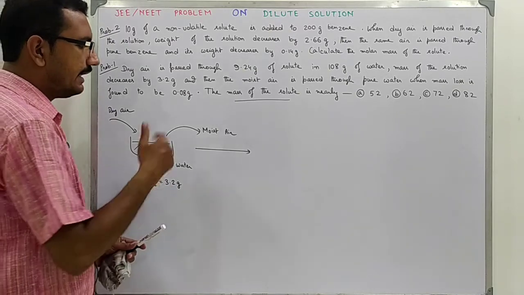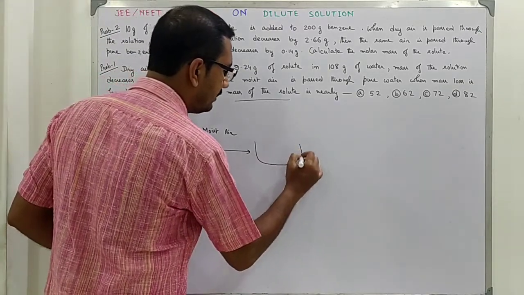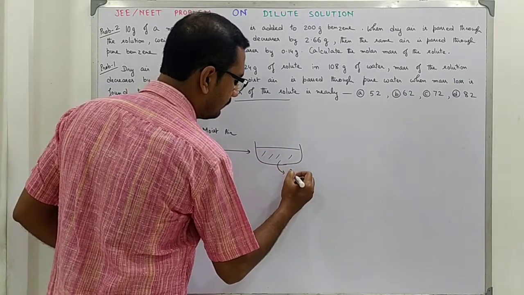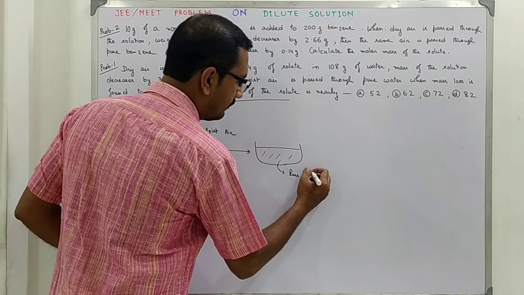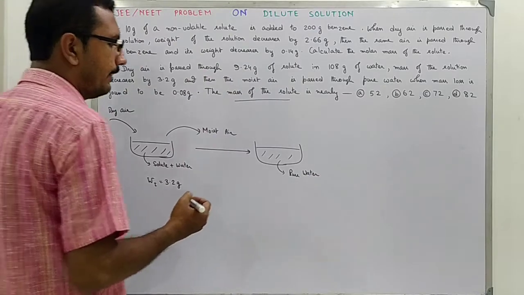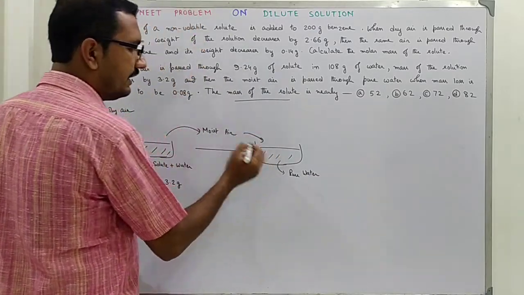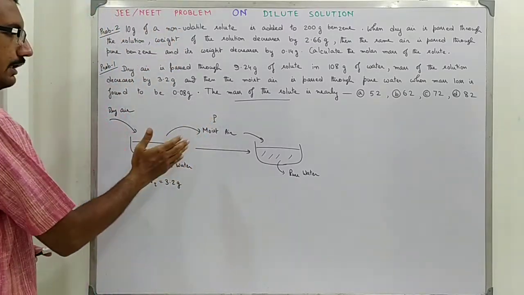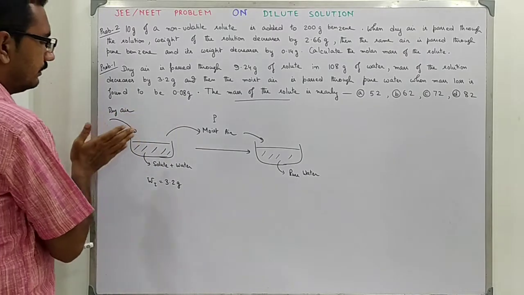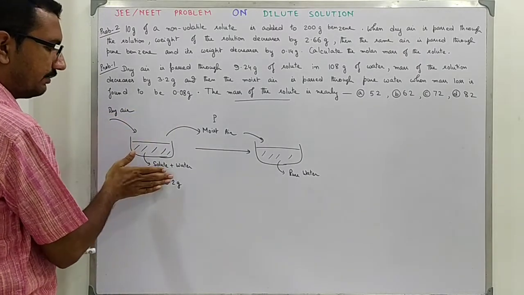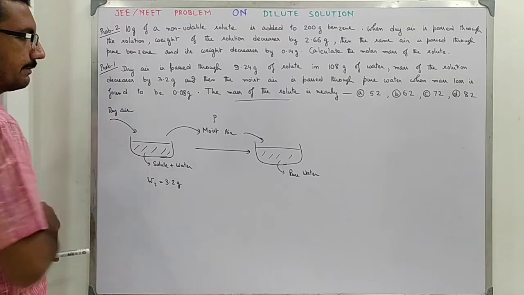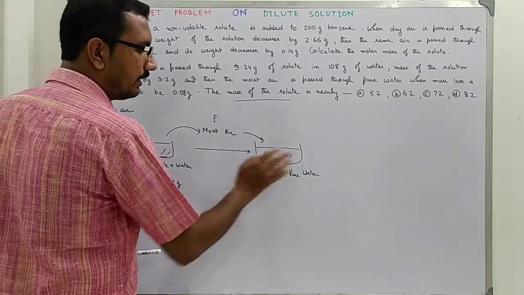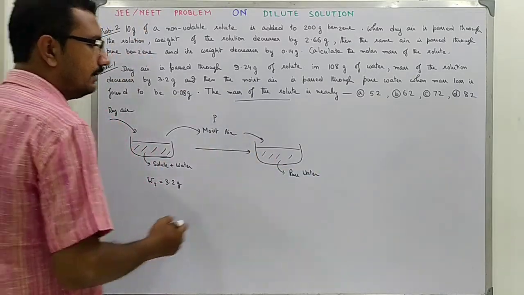Now this moist air is again passed through pure solvent, that is water. This time pure water is taken, and this moist air enters having pressure P. This is the partial pressure of the moisture, that is the partial pressure of the vapor of the solvent that it picks up from this system, and with the partial pressure P it enters into the pure water and picks up again moisture.